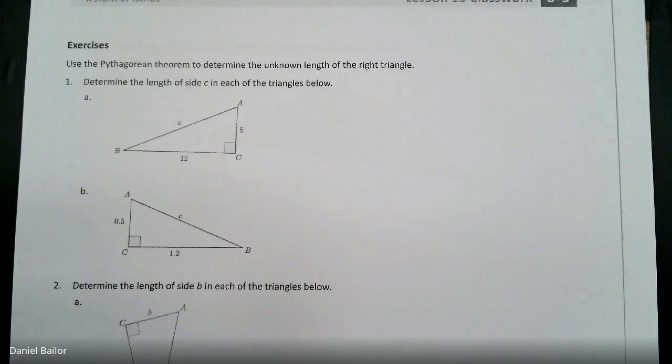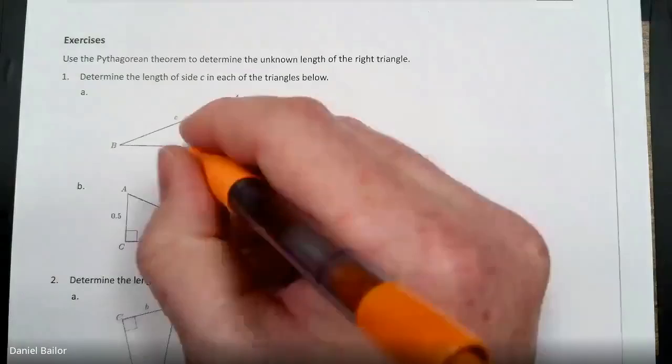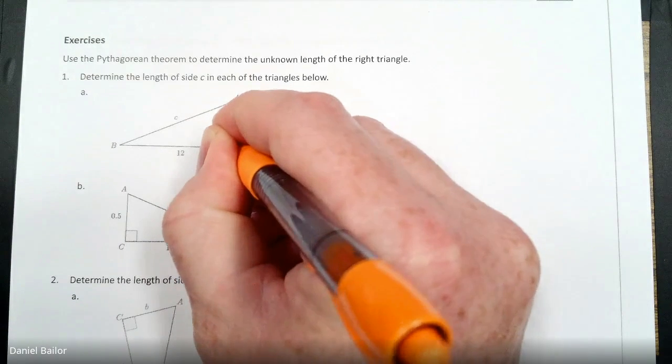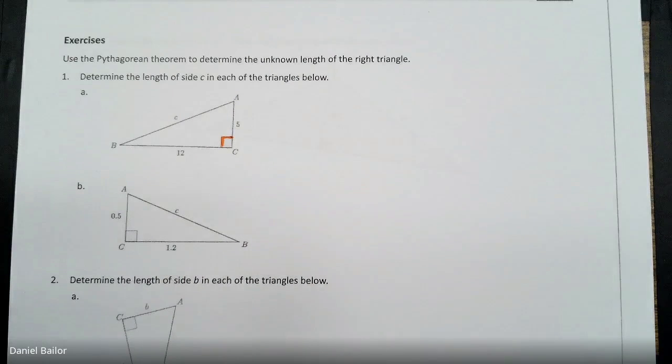So let's look at number one. Number one, let's do a couple things first. Step one, make sure it's a right triangle, because remember, Pythagorean theorem only works for right triangles. So here we go. There is a right angle, so this is a right triangle. Check. Step two, find the legs and the hypotenuse.